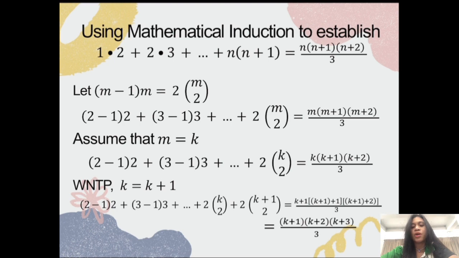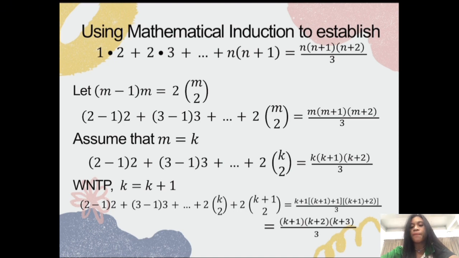Then we have (2 minus 1) times 2 plus (3 minus 1) times 3 plus ... plus 2 times (k taken 2) is equal to k times (k plus 1) times (k plus 2) all over 3, since m is equal to k.